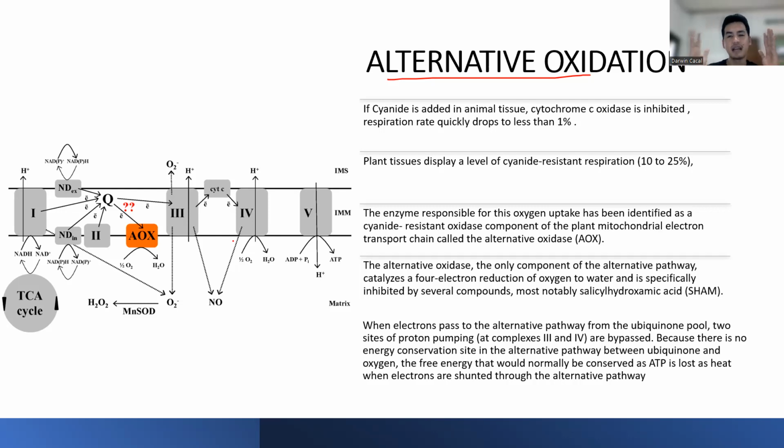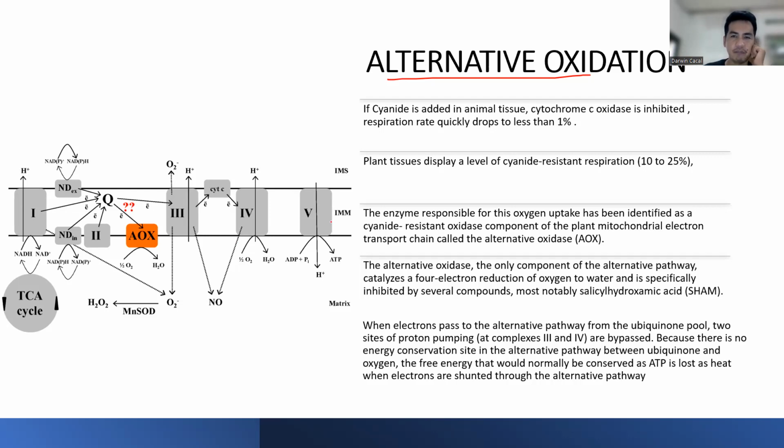So, para mas matagal yung lifespan ng isang plant, they need to control the respiration rate. The respiration rate of the plants during drought is decreasing or mababa. And kapag flooded or walang hangin, or there is hypoxia or anoxia, mas mataas ang respiration rate.